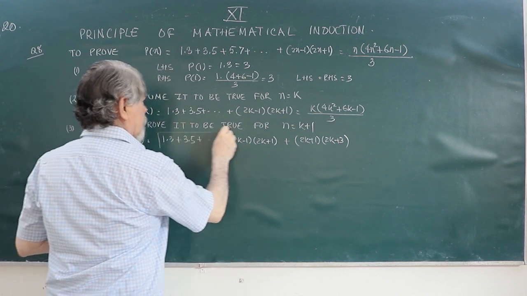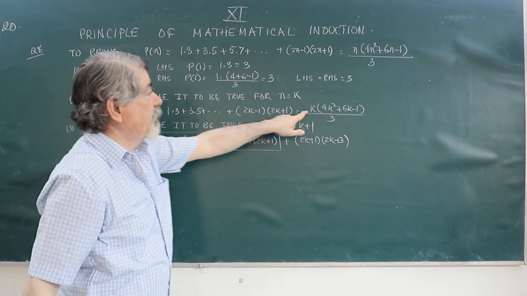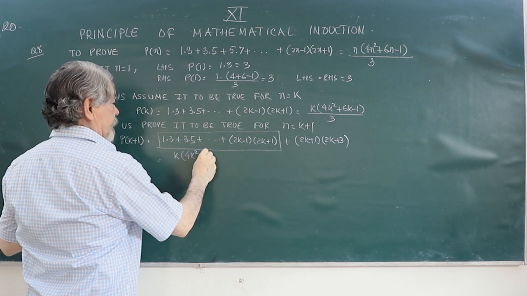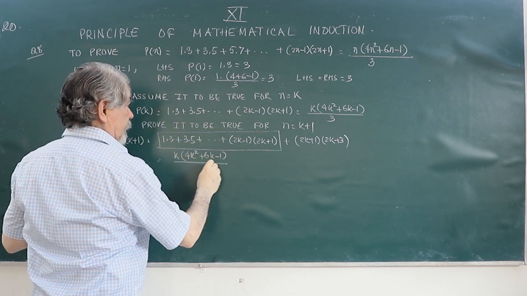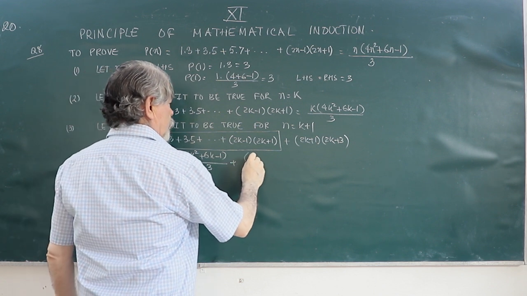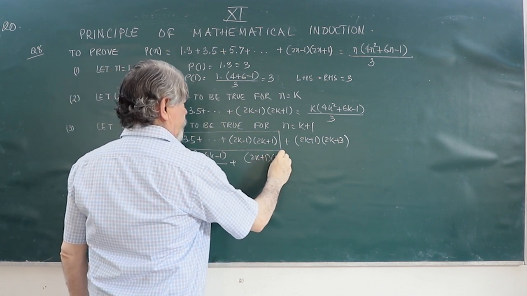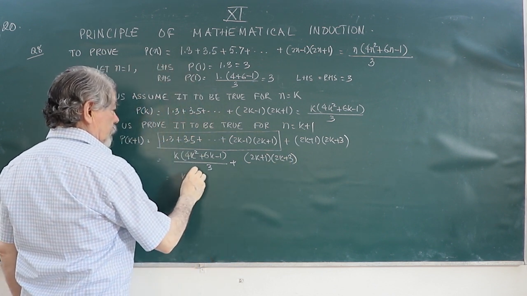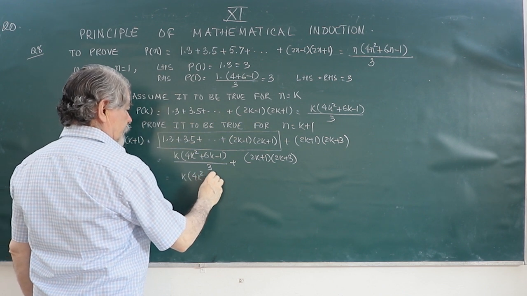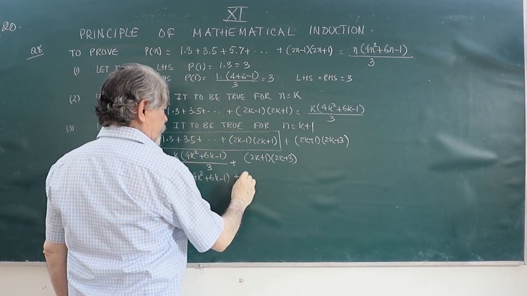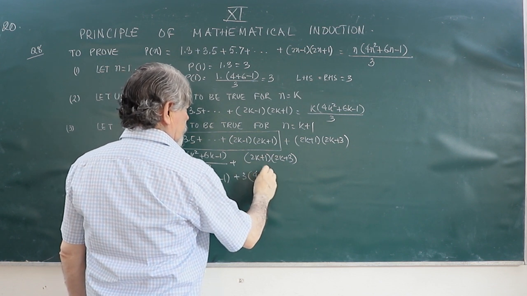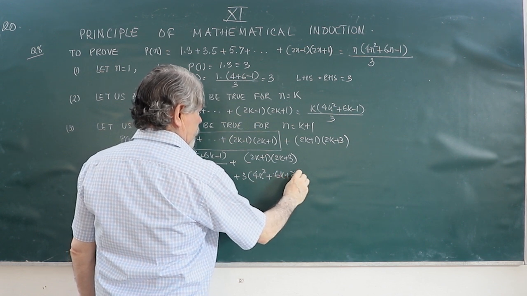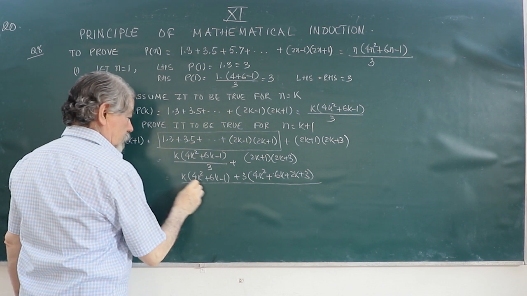Now this is equal to k into (4k squared plus 6k minus 1) upon 3 plus (2k plus 1)(2k plus 3). Let's take 3 as the LCM: k(4k squared plus 6k minus 1) plus 3 into (4k squared plus 6k plus 2k plus 3) upon 3.